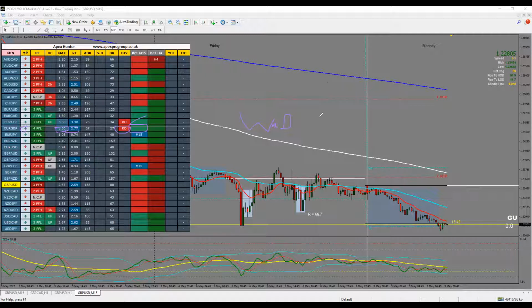But just be aware that the W's and the M's are normally a multi-session pattern. So it pays you to be patient and look for those second leg entries or a clear break of structure and move to the upside.